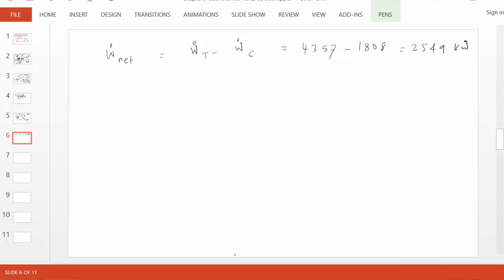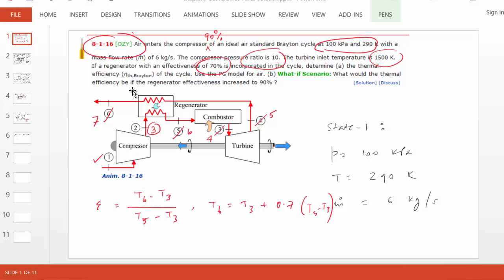So how do you calculate Q dot in? Because we need that to find the efficiency. Q dot in, you recall, if you go back to the diagram, where is the Q dot in taking place? In the combustion chamber between 6 and 4.